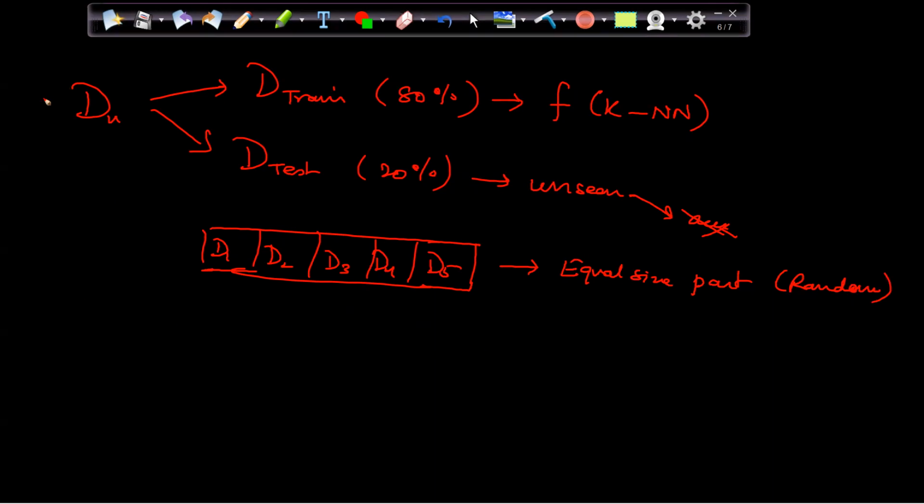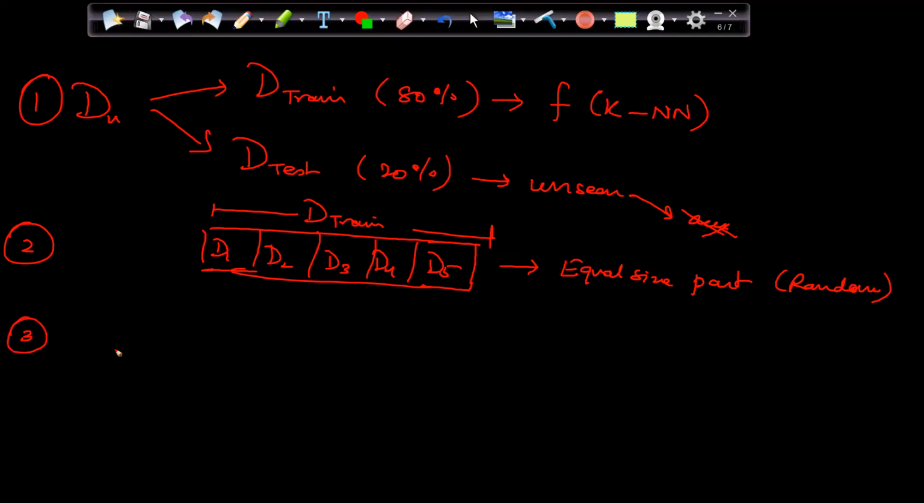This is my first step where I am doing the split of the data. This is my second step where I am using the train data and creating multiple splits, multiple folds, right? This is my D train data.